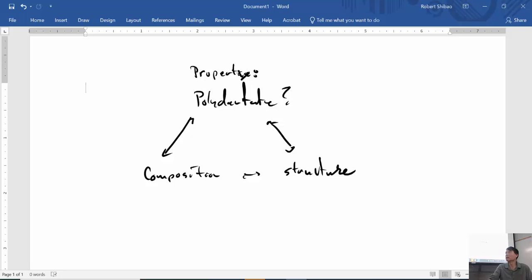This is a question I got asked earlier this morning, and that is, like, ammonia. What would you expect ammonia to be? Monodentate? Polydentate? What? Monodentate. We got this nitrogen, right?